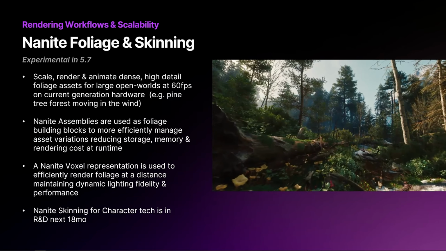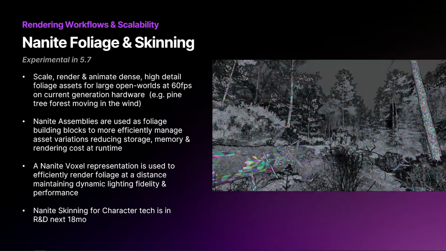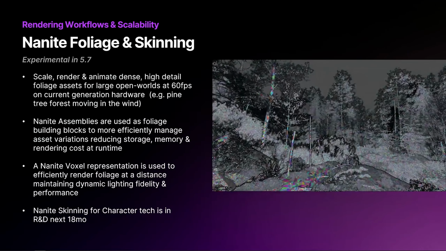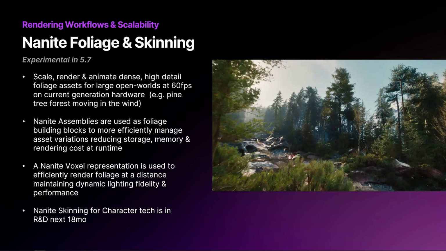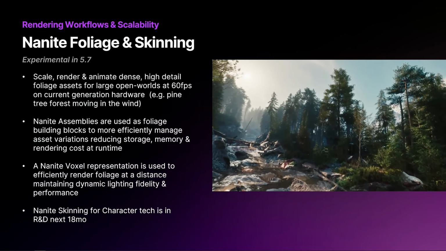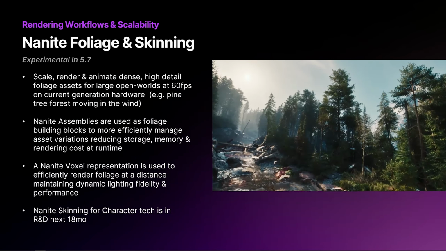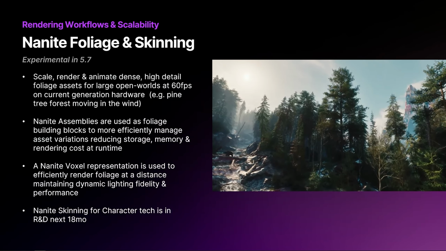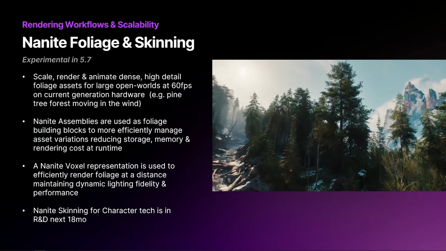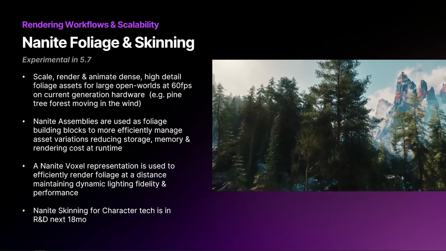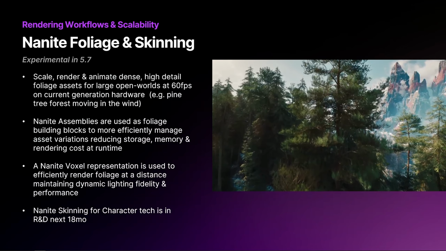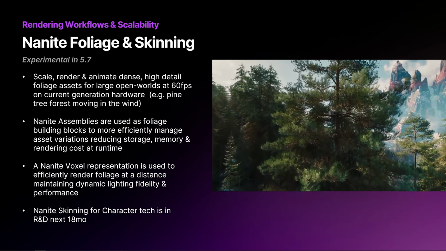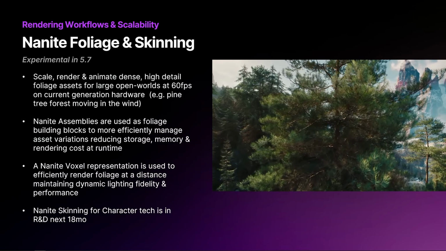Then foliage and skinning is now experimental in 5.7. If you look at that spectrum of experimental I talked about, this is on a pretty advanced stage of experimental, right? It's already running at performance on Gen 9 consoles, on PCs. The big thing is that the rendering works, right? So the Nanite skeletal assemblies work, the voxels stuff works, and all that.